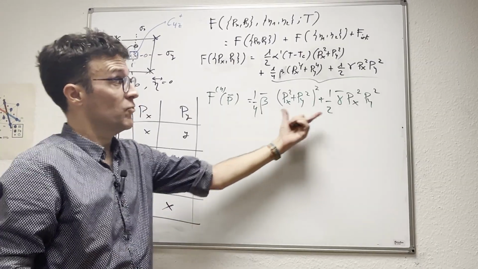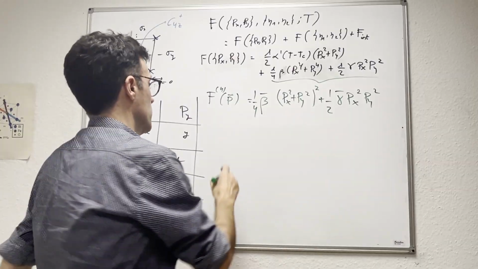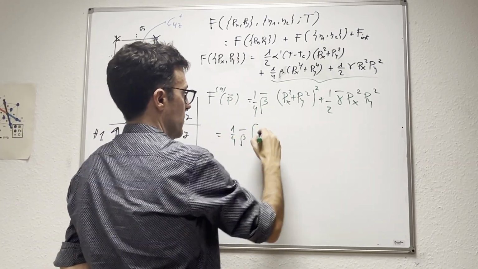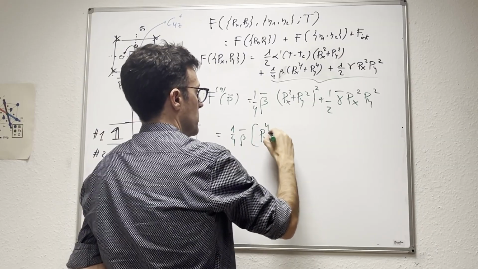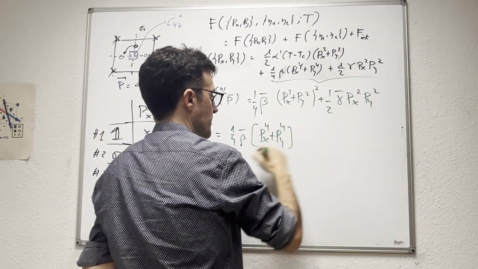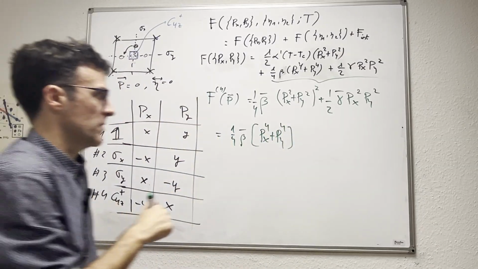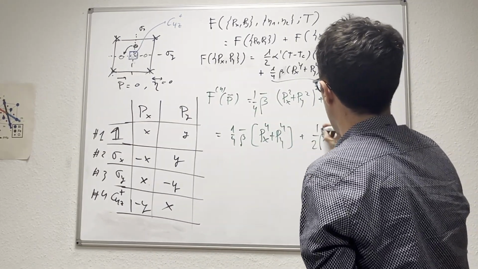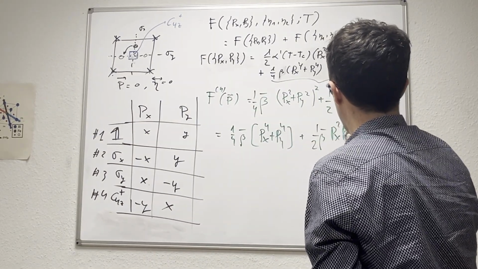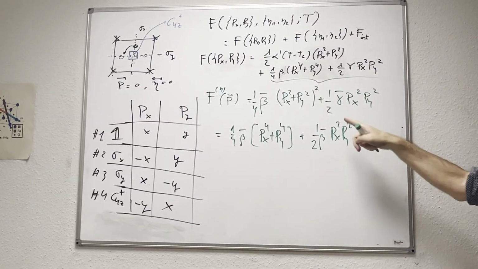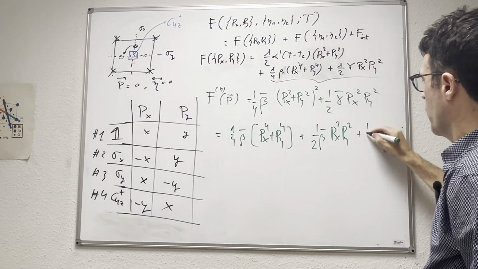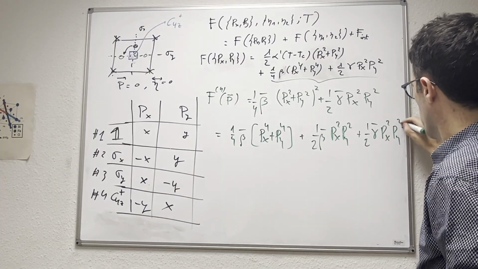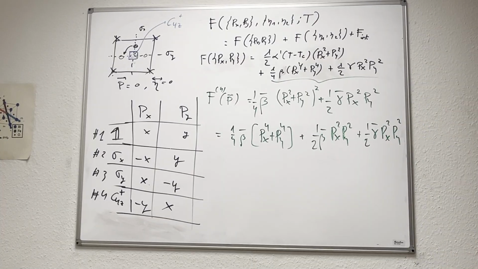Now, one thing I can do is to expand this, okay? So I have something like 1 over 4 beta bar, and then what do I have? I have px to the 4, py to the 4 on one side, but I have something extra, right? I have 2 times, so 1 over 2 beta bar, px squared py squared. And over here, I have 1 over 2 gamma bar px squared py squared. Okay?